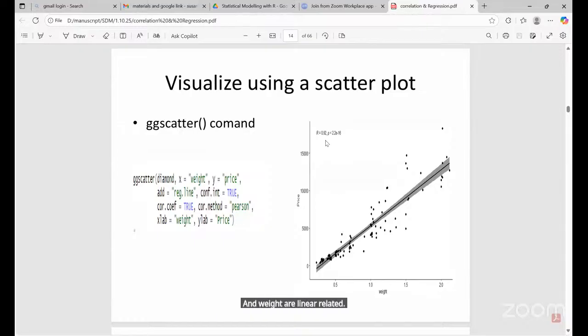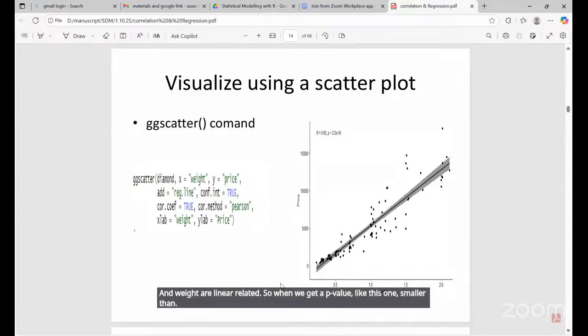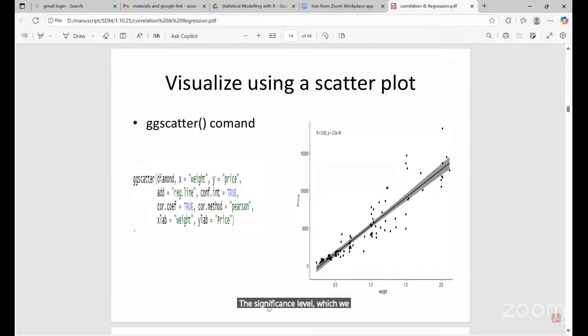When we get a p-value smaller than the significance level, which for sciences we normally state as 0.05, depending on the sensitivity of the data and level of precision, we reject the null.